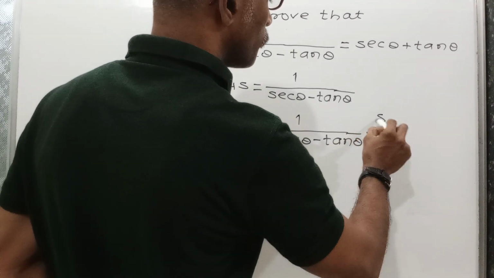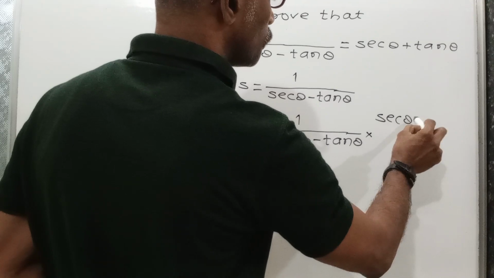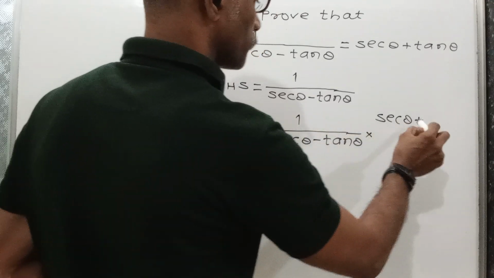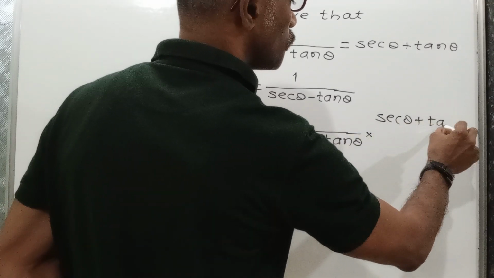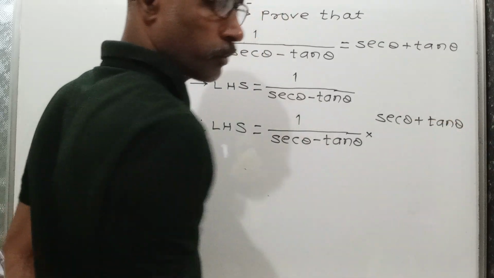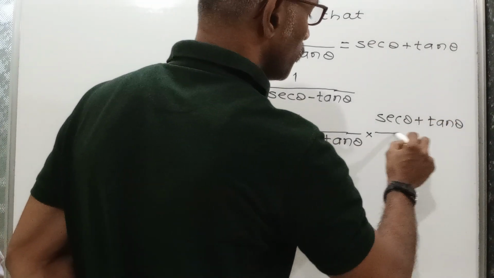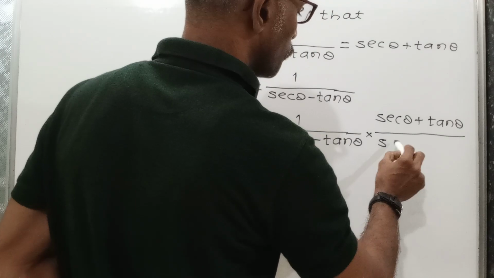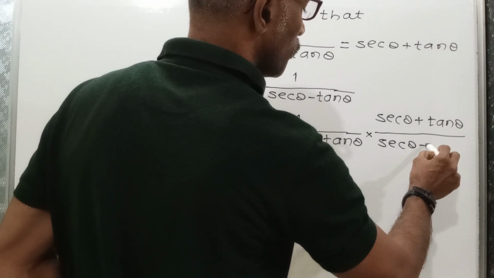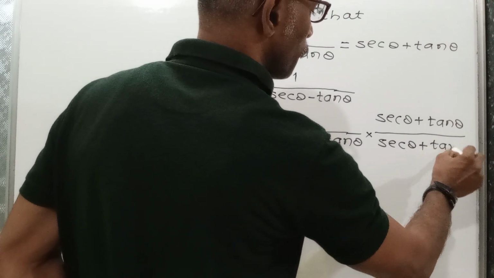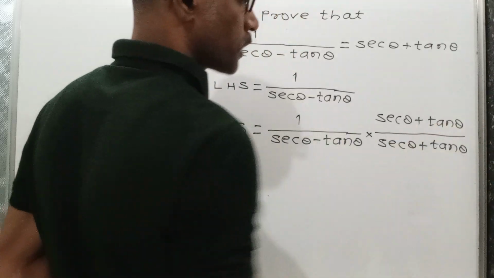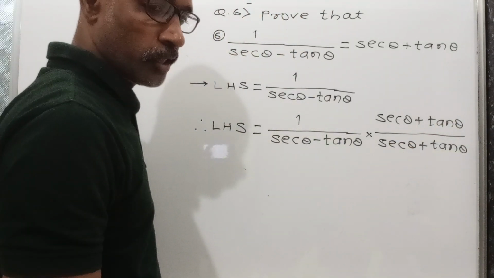Now we multiply the numerator by this conjugate pair sec theta plus tan theta, and in the same way the denominator also, sec theta plus tan theta upon sec theta plus tan theta.